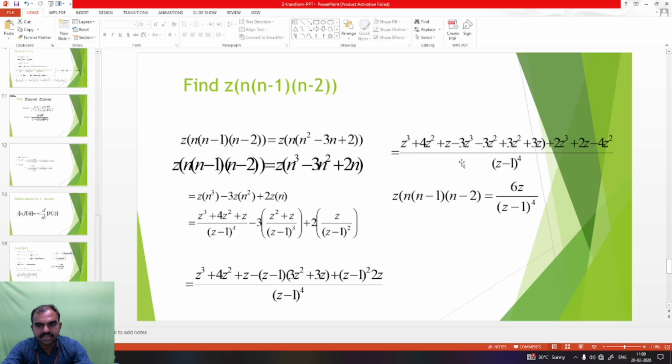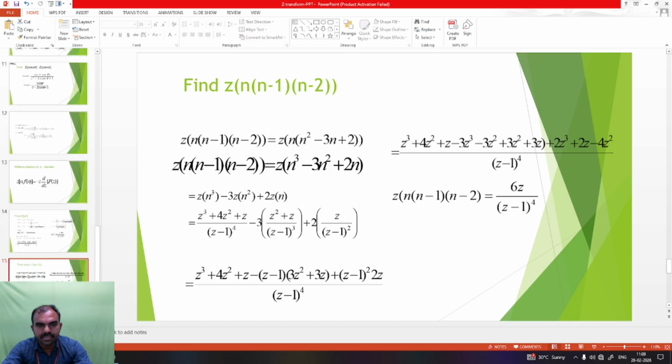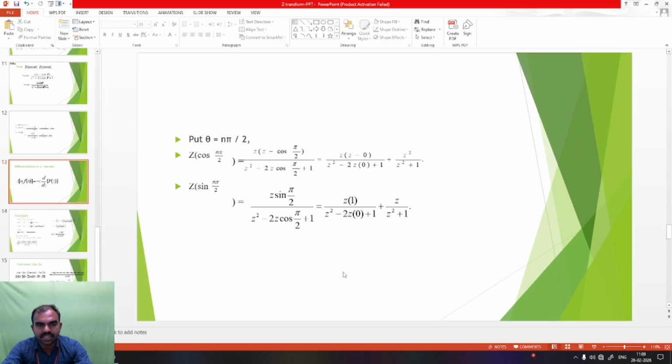So addition of these z terms, 1 plus 3 is 4, 4 plus 2 is 6. So the answer is 6z by z minus 1 power 4. So Z of n into n minus 1, n minus 2 is 6z by z minus 1 power 4. So these are the basics for the differentiation.